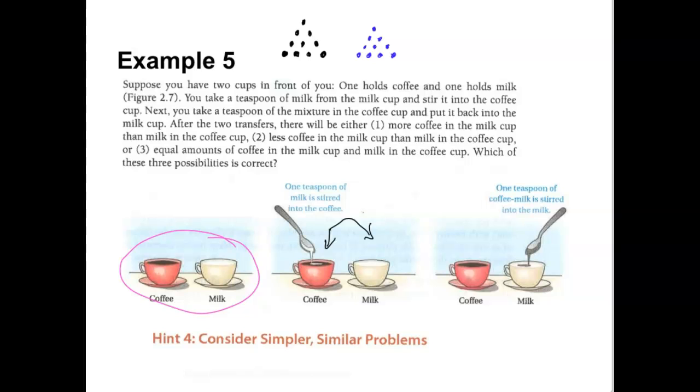Okay, so first we're going to put milk in the coffee, right? So let's say a teaspoon represents 2 of our molecules. I'm going to randomly select 2 molecules. Boom, they get intermixed into the coffee. So here's kind of stage 2. 1, 2, 3, 4, 5, 6, 7, 8, 9, 10.